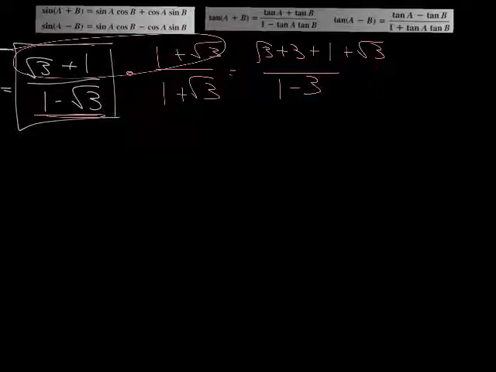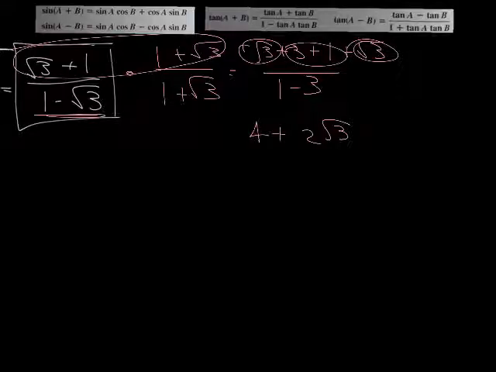So when I combine the square root of 3 and the square root of 3, I get 2 square root of 3. And when I add those, I get 4 over, and I had right here negative 2.